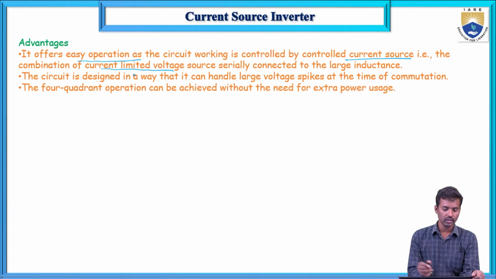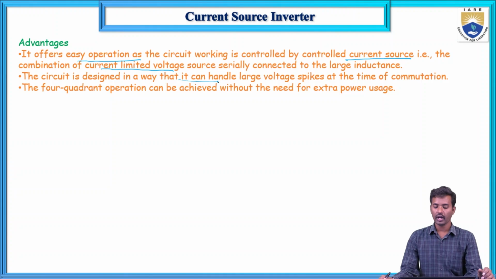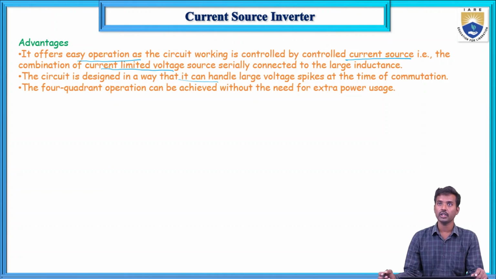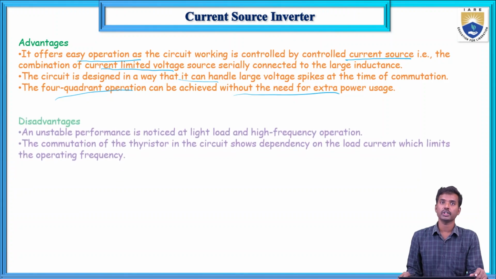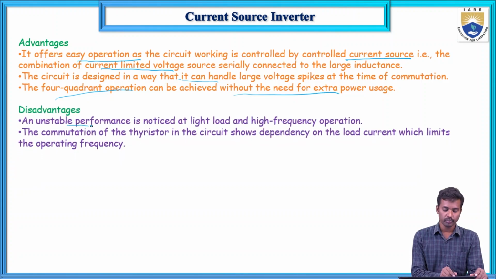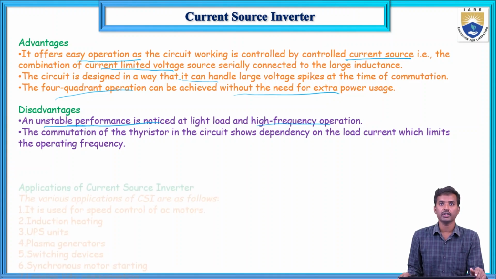The circuit is designed in such a way that it can handle large voltage spikes at the time of commutation. And next, four quadrant operation can be achieved without the need of extra power usage. And next, the disadvantages: unstable performance is noticed at light load, and for high frequency operation, the commutation of thyristor in the circuit shows dependency on the load, which limits the operational frequency.